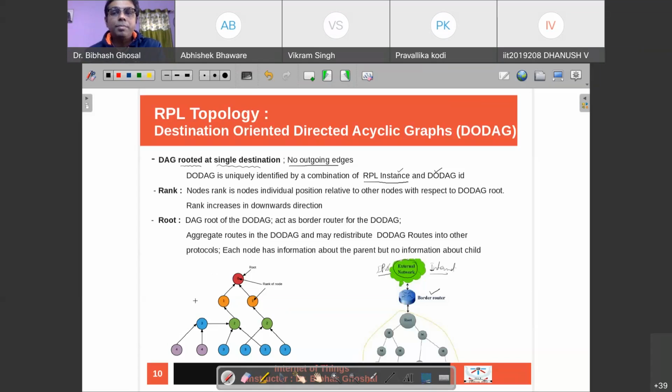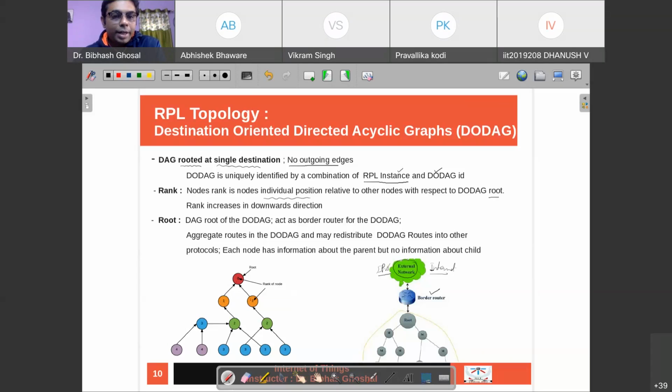And this rank is nothing but the level of the graph at which this particular node is. As you see, they are ranked based on their individual position relative to the root. And rank increases downwards. So this is rank 0. These two are at the same level because they are directly connected to the root, so they are rank 1.